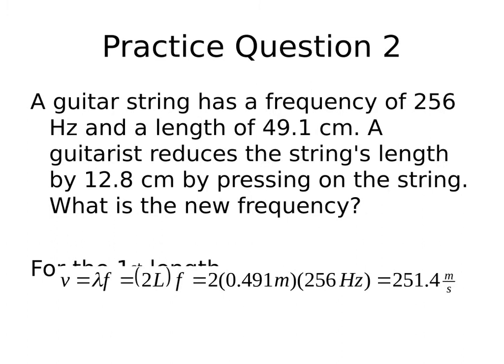Okay, so for the first length, we can use the universal wave equation, V equals F lambda, and we know that the wavelength is equal to 2L in this case. So we have 2 times the length of the string times the frequency.